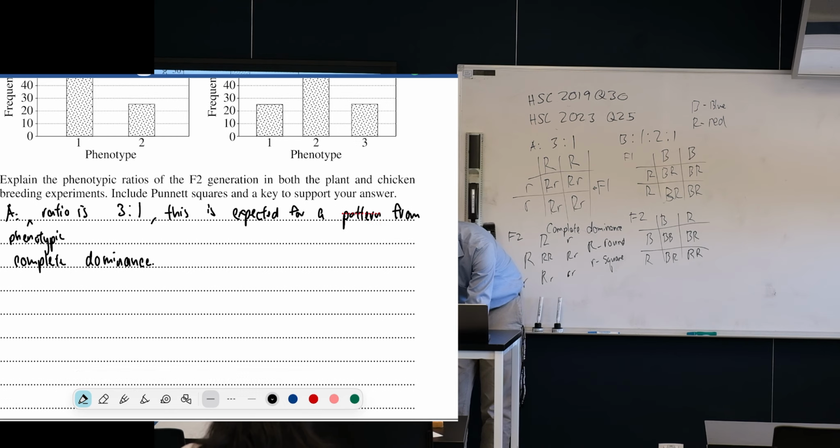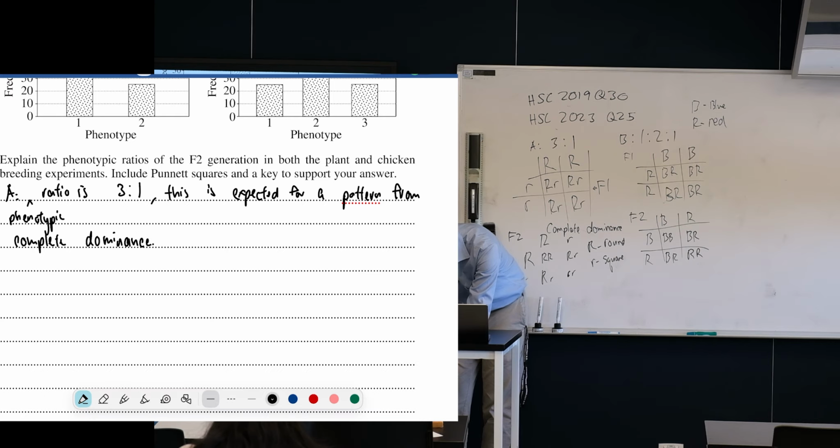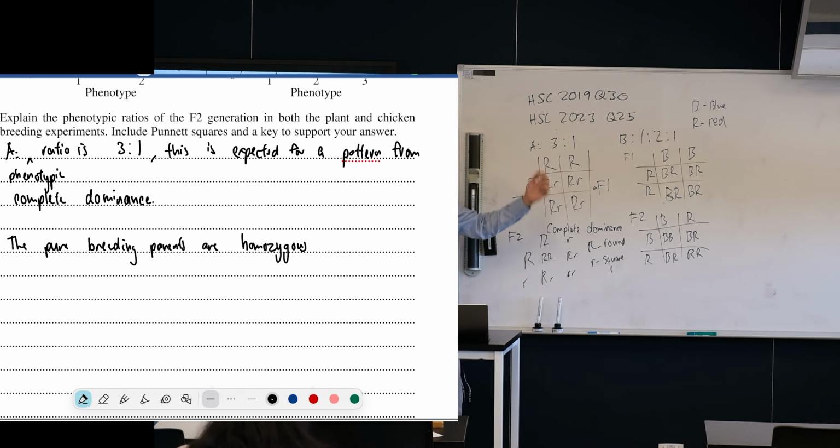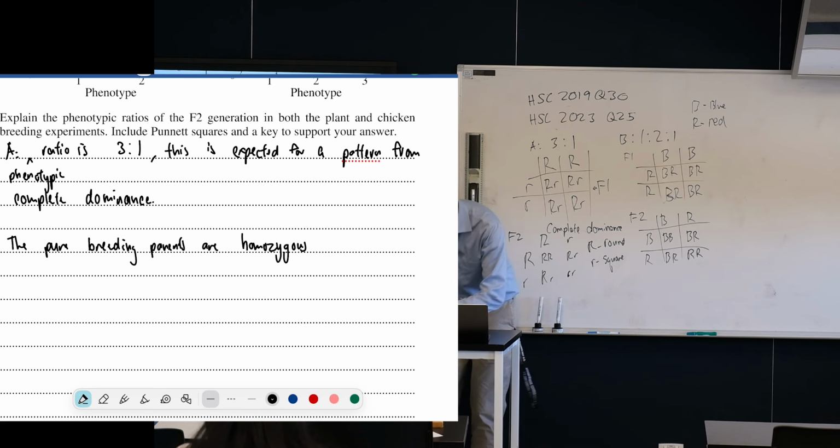Then I might say the pure breeding parents are homozygous. Then I can just start including my info. So I'll use capital R and lowercase r.